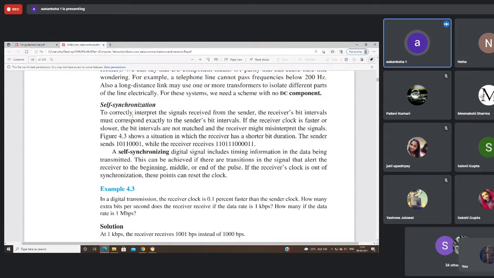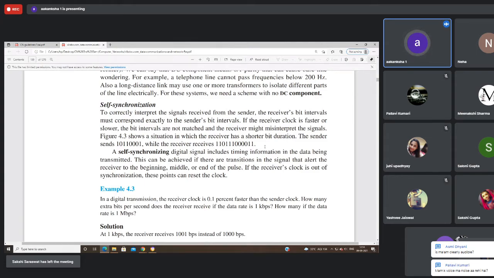Similarly, in digital signaling, when the sender is sending at a faster speed than what the receiver can handle, there will be a problem, because there will be no synchronization, and the bit interpretation at the receiver side will be different from what the sender sent. Moreover, the sender could be slow, but the receiver hardware could be faster.